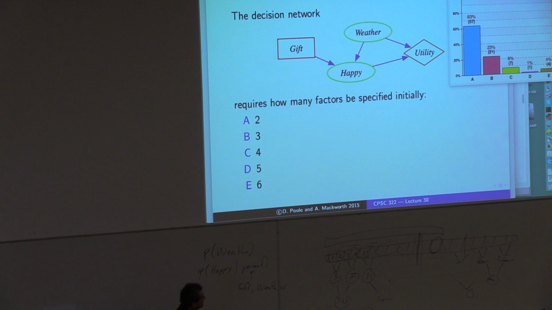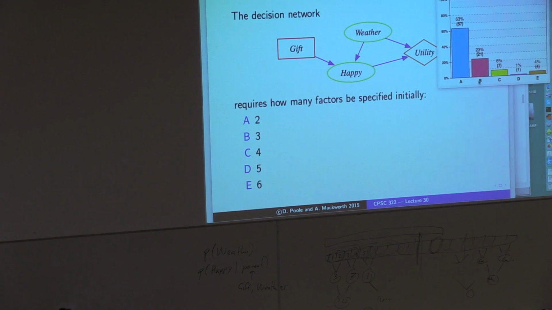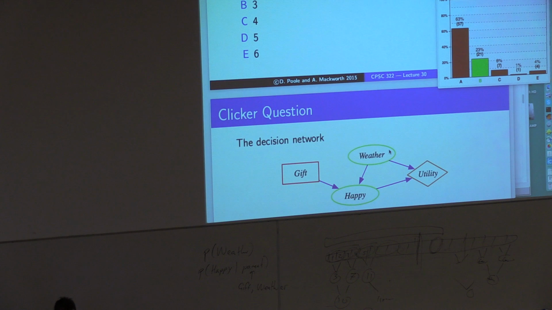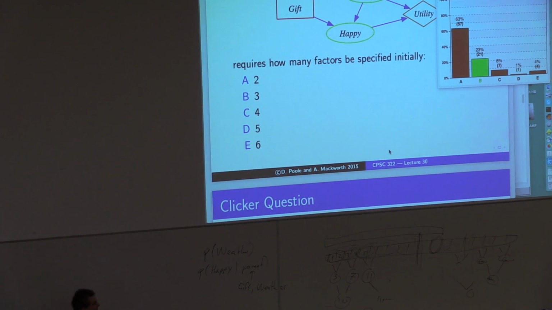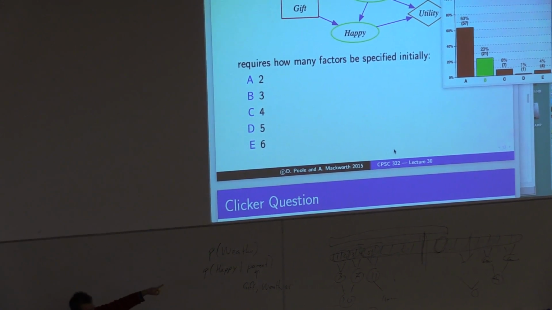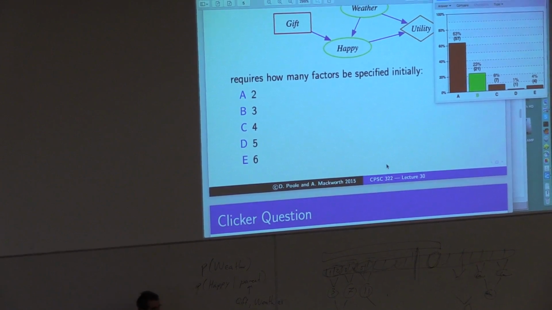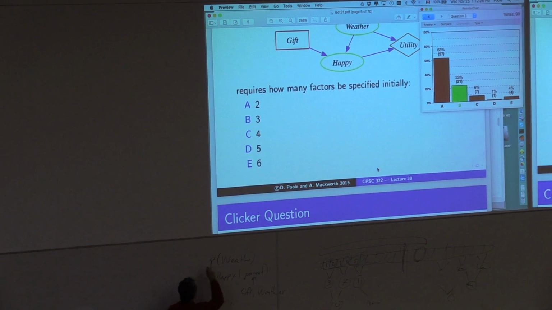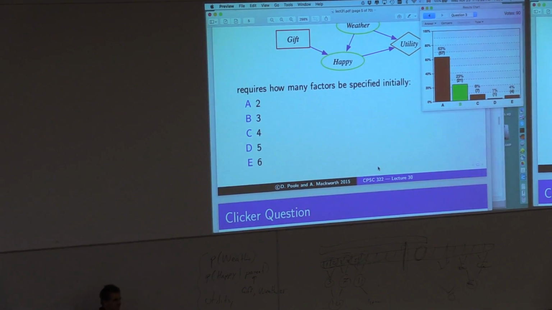The answer is 3. Because there's a factor for each of these two conditional probability tables, and there's the utility.